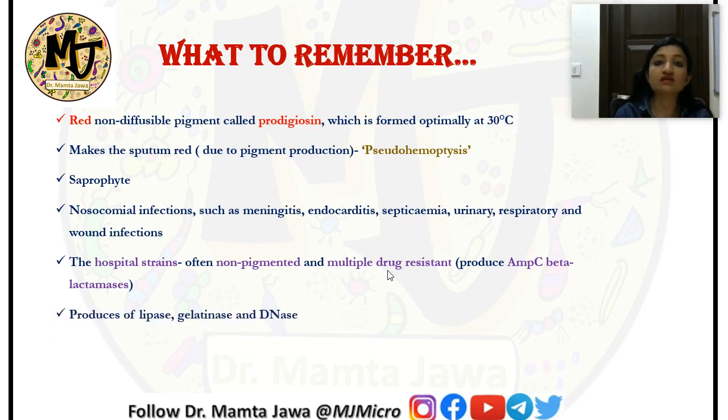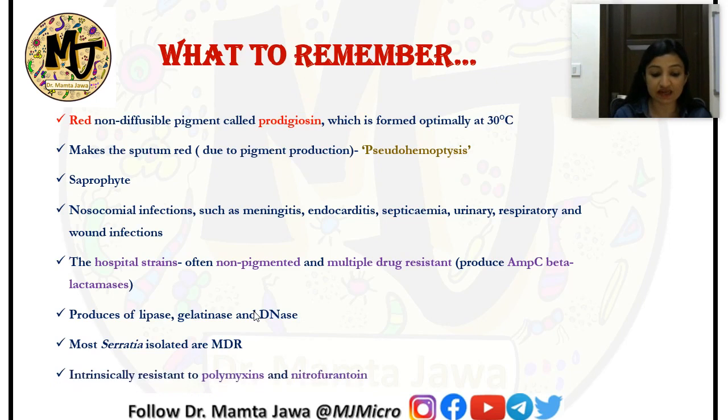And as far as biochemical properties are concerned, we usually don't make use of these properties in the lab, but in MCQs they can sometimes ask you. Just remember three important enzymes it produces: lipase, gelatinase, and DNase. Now, as I already said, unfortunately, most of the isolates are multi-drug resistant, that is MDR, and you have to rely, of course, on the antibiotic susceptibility test, which the microbiology lab is going to give you to manage your patient.